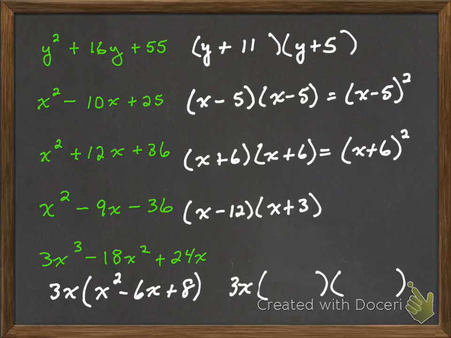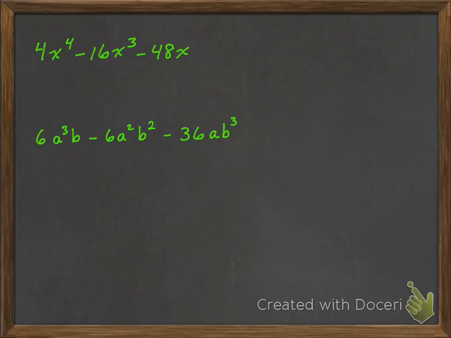All right, so x times x, once again, is the only way to get this x squared. Two numbers that multiply to give us positive 8 and add to give us negative 6 will be a minus 4 and a minus 2. All right, a couple of more problems here. The next one, we have a GCF of 4x.